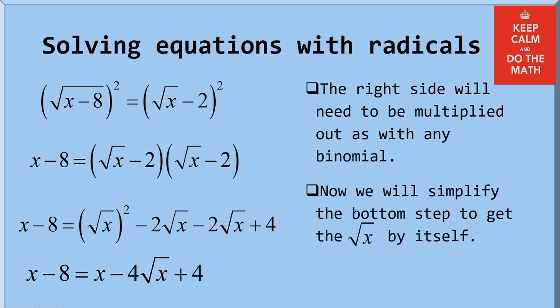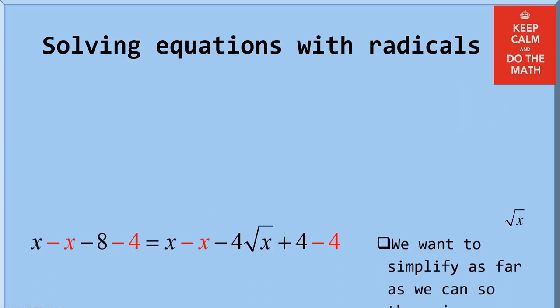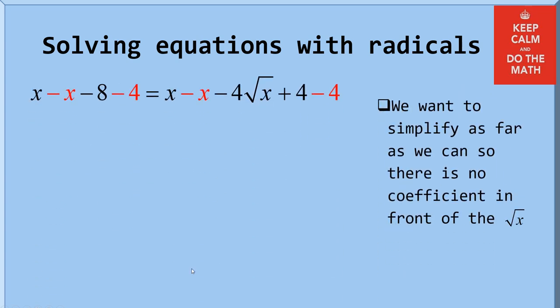Now I need to continue simplifying so that I can get the square root of x by itself. So here we go. I'm going to subtract the x from the right and do it also on the left. I'm going to subtract 4 from the right and also subtract from the left.